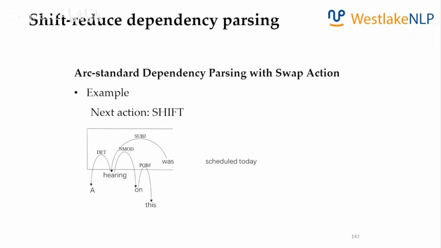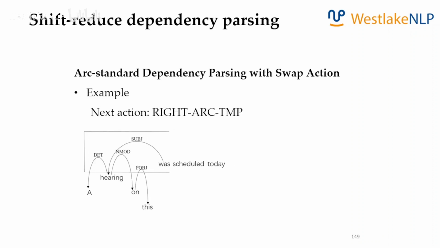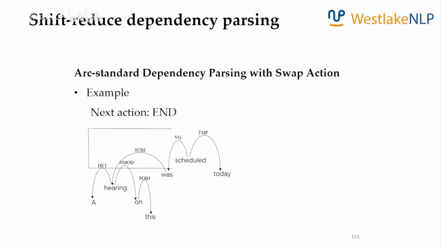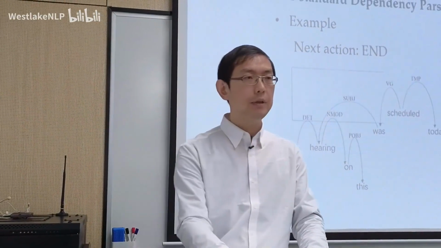And then we shift, and then we shift. And then we do right arc temp to make today depend on scheduled. We make left arc VG to make was depend on scheduled. And we finish. We get the correct tree. Okay. This is for dependency parsing.